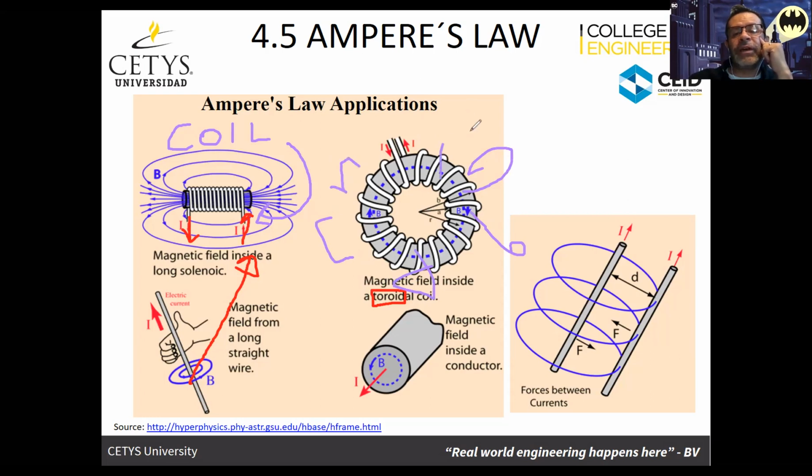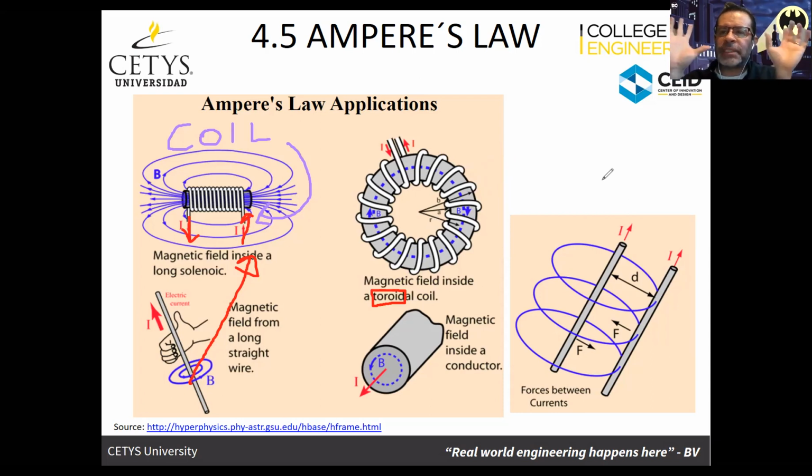And it generates a very interesting effect that can be used. That's another thing about coils, the way we're seeing them here. The magnetic field is only going to be there when a current is going through the coil. So what happens if I turn off the current? What's going to happen to the magnetic field if there's no current going through the wire?